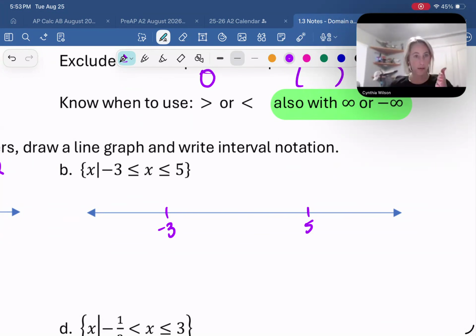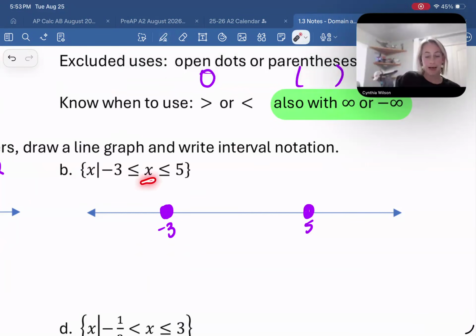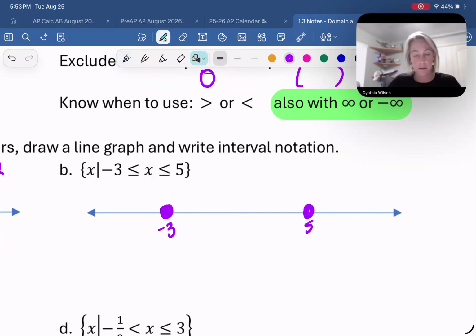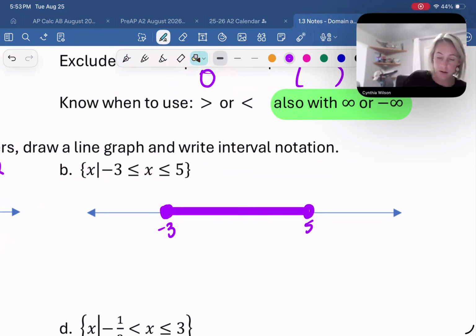Okay, so when we look at that -3, it's got an equals to. It's a closed dot. +5 also has an equals to, closed dot. And then you see x is literally in the middle. So I need to connect so that x is literally in the middle. Right, so any number that falls in between -3 and 5 is a solution to this.